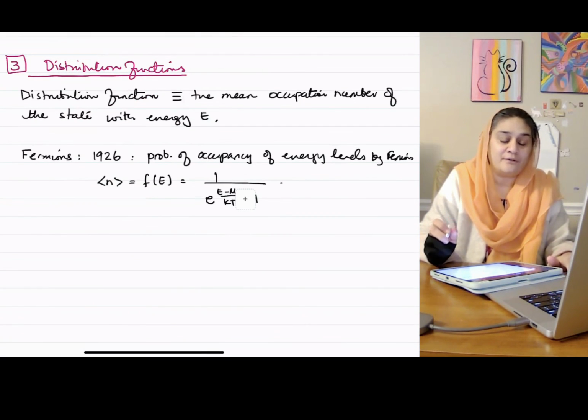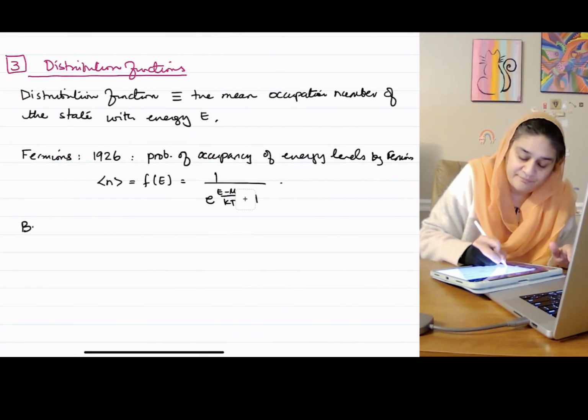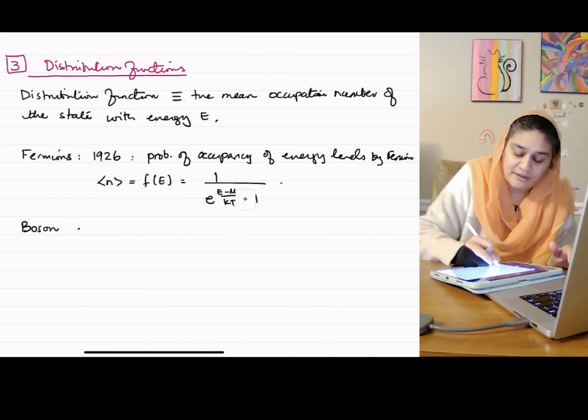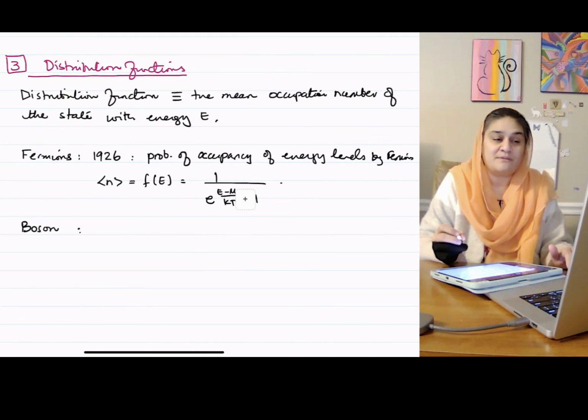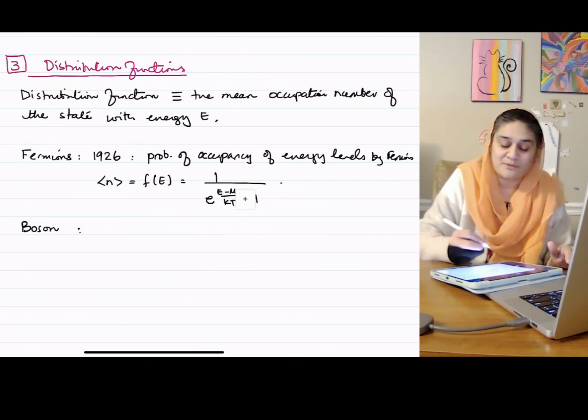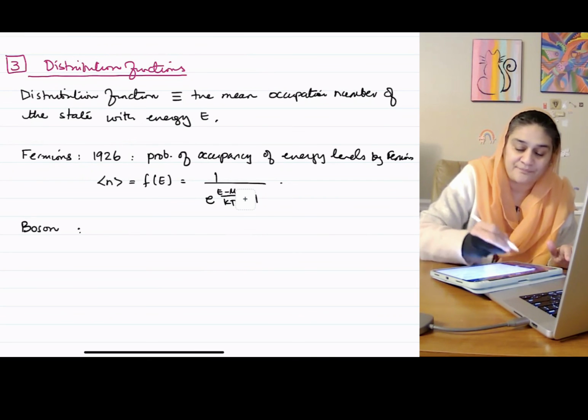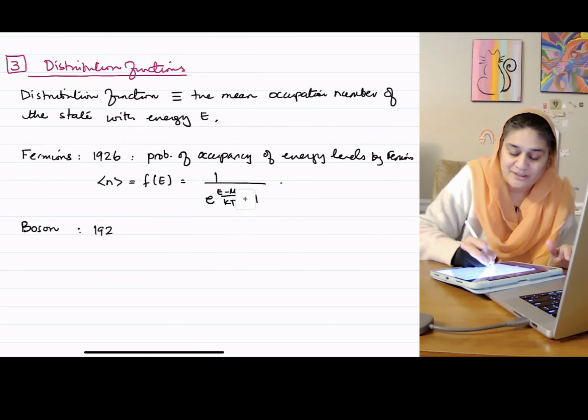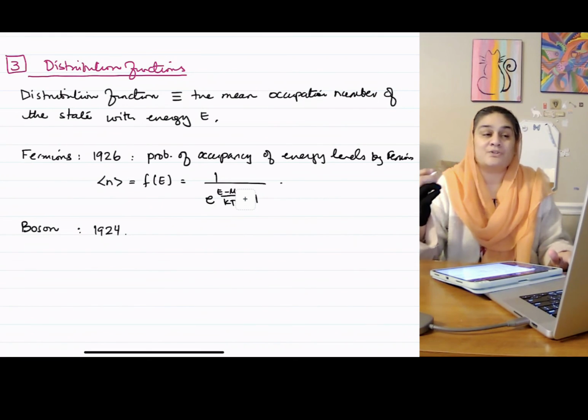On the other hand, for a boson, the distribution function was first introduced in 1924. It is called the Bose-Einstein distribution function.